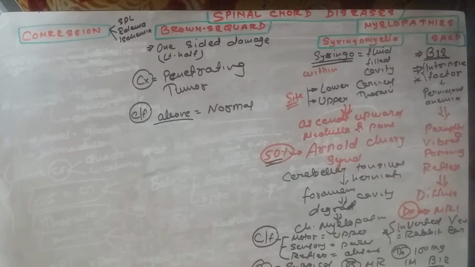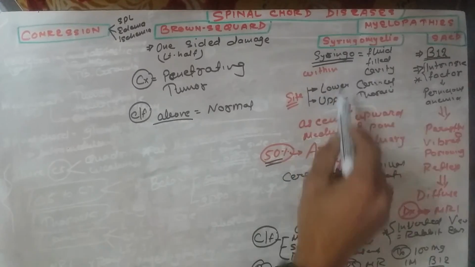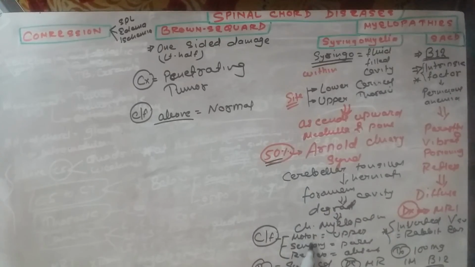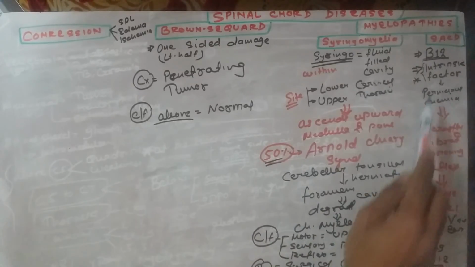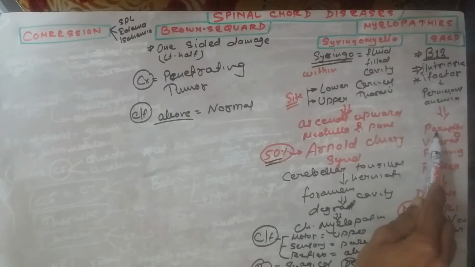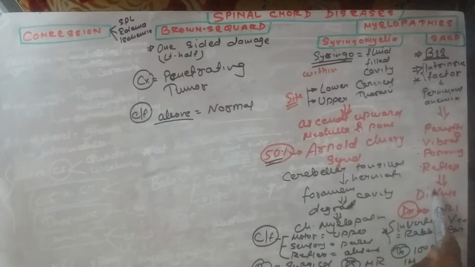So we saw that in Syringomyelia there is loss of motor, sensory and reflex components, whereas in B12 deficiency there is sensory loss causing paraesthesia, vibratory loss, position loss and reflex loss in late stages. Usually all these features are diffuse in nature, and in late phases you can also find optic atrophy along with irritability.